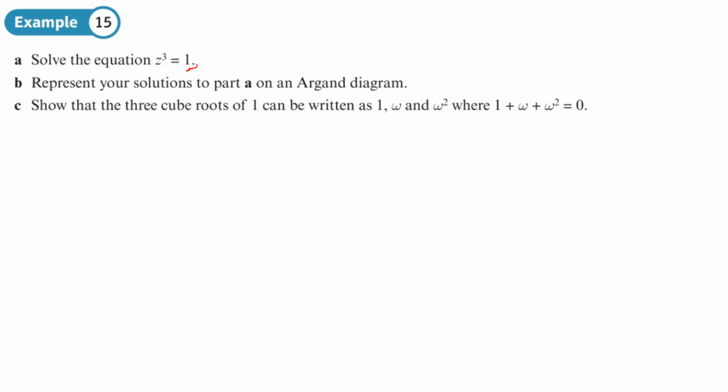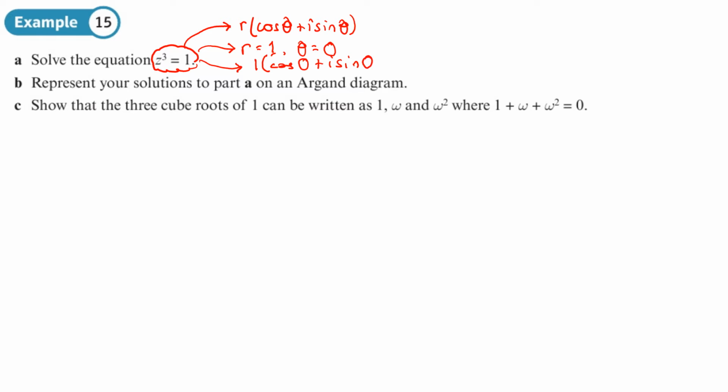Okay, so we need to solve this. The first thing that we need to do is write the number in the form r cos theta plus i sin theta. In this case, r is 1 and theta is 0. So 1 can be written as 1 cos 0 plus i sin 0.